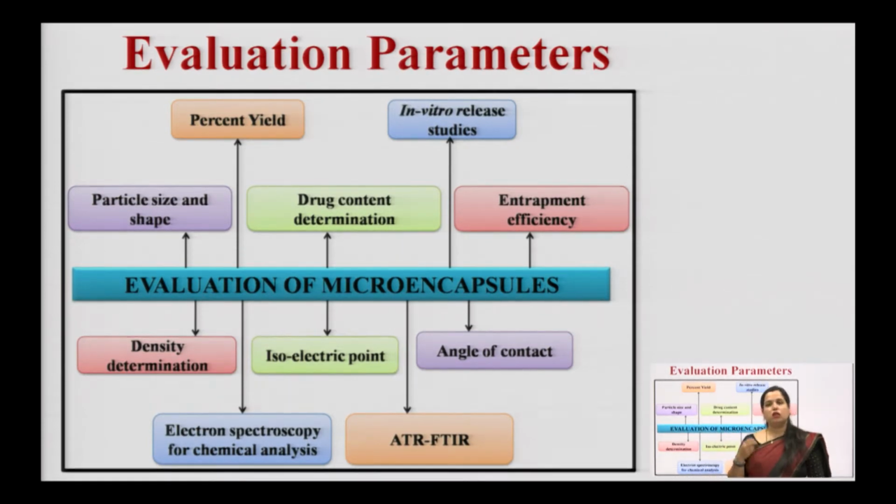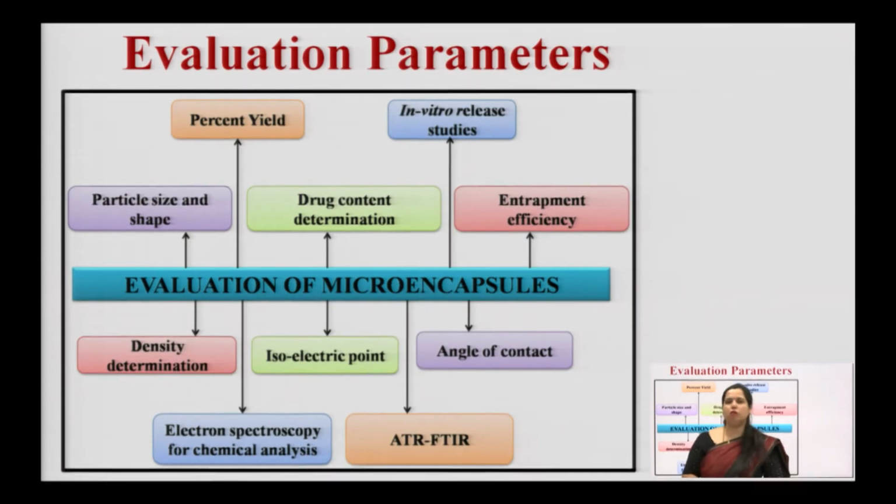Percentage yield: the total amount of drug and polymer, and how much of the ultimate finished product we are getting, right. Drug content determination, in vitro release studies, entrapment efficiency, density determination, isoelectric point, angle of contact, electron spectroscopy for chemical analysis, and ATR FTIR.